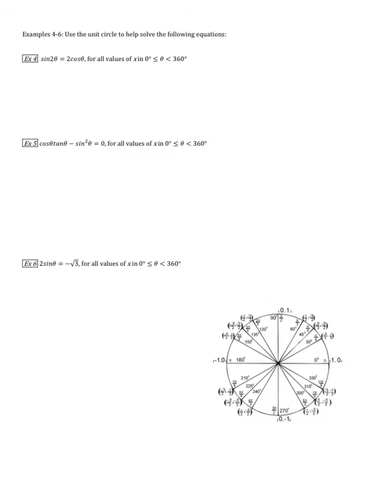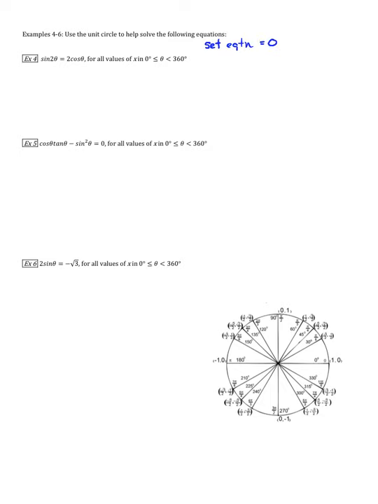Okay? All right, so now we're going to get a little bit deeper into solving trig equations. And again, there's no one way to do these, but there are strategies that can help, just like you have strategies that can help with proving identities. And so I'll try and emphasize that. One of the things you do want to do is always manage to set the equation equal to 0 if possible.